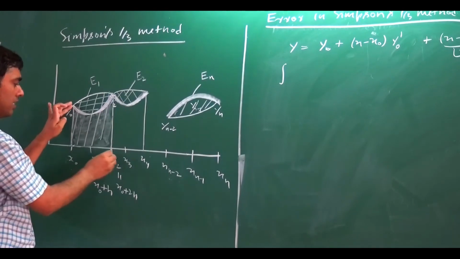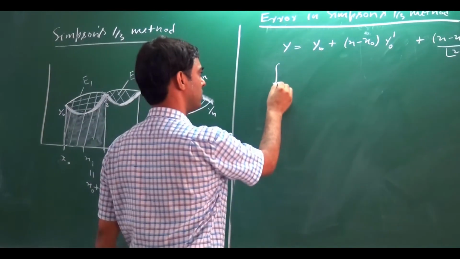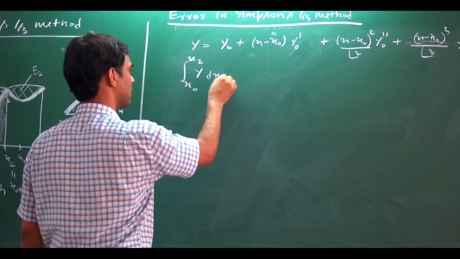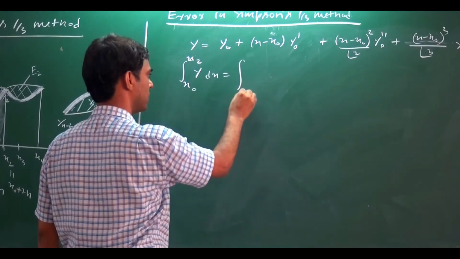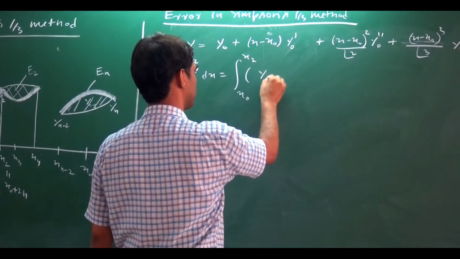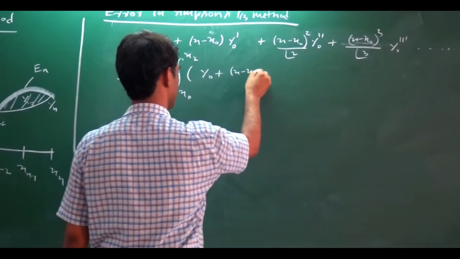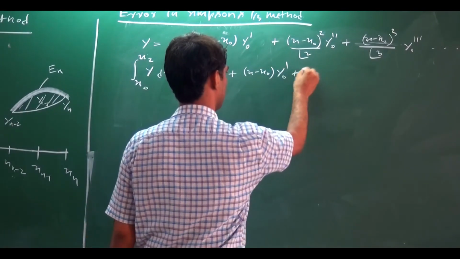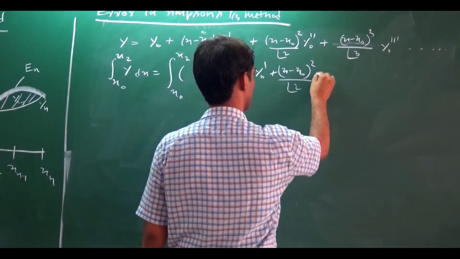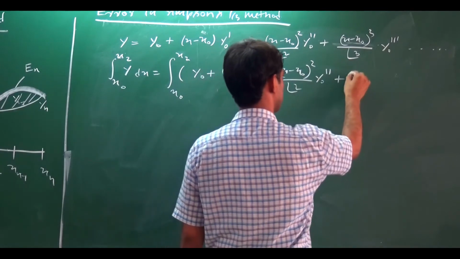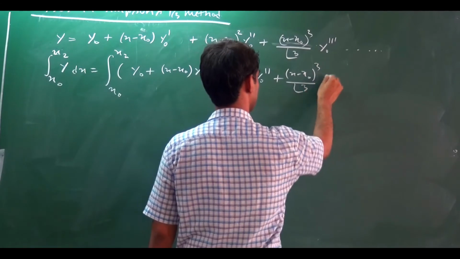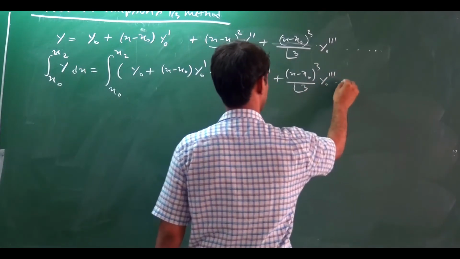First we integrate from x0 to x2. So integral x0 to x2 of y dx equals the integral from x0 to x2 of the complete expression: y0 plus (x minus x0) y0 dash plus (x minus x0) whole square upon factorial 2 y0 double dash plus (x minus x0) whole cube upon factorial 3 y0 triple dash and so on.